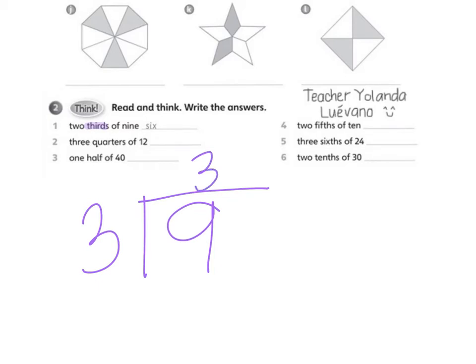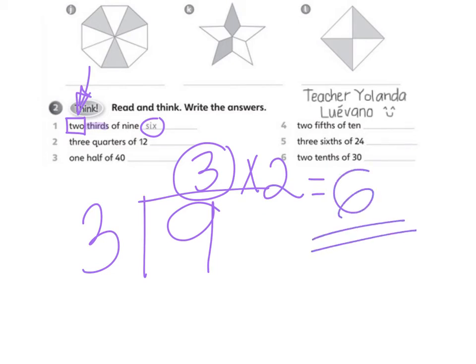The answer is 3. So why do we have a 6? Because it says 2/3 of 9. So a third of 9 is only 3, but they want 2. So we have to multiply this by 2 and the total is 6.